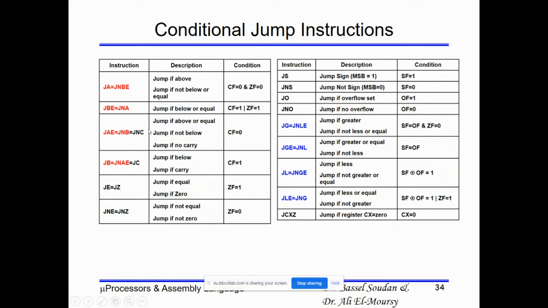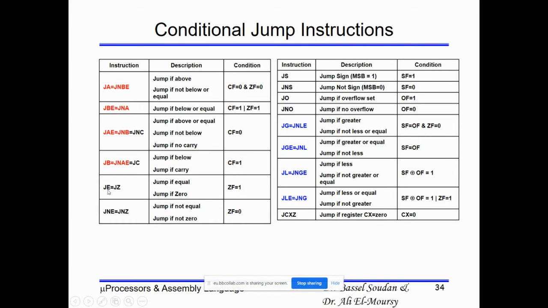You can see here in this table that all the conditional jump instructions are checking either the value of the flag as it is, or its opposite, or a combination of those flags. We will not go into the details of which flag is being checked for each of those conditional jump instructions. However, what we want to understand very well is what the different conditional jump instructions are.